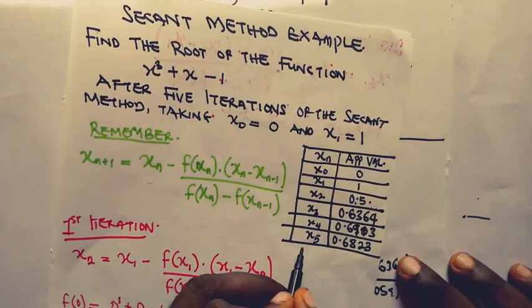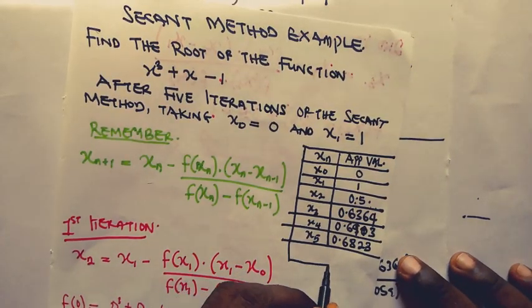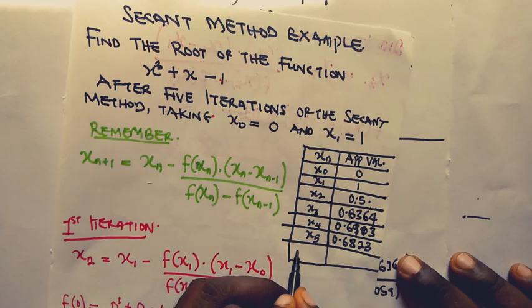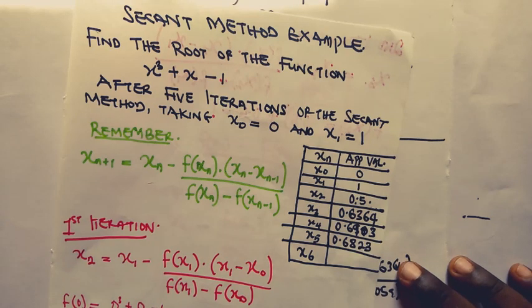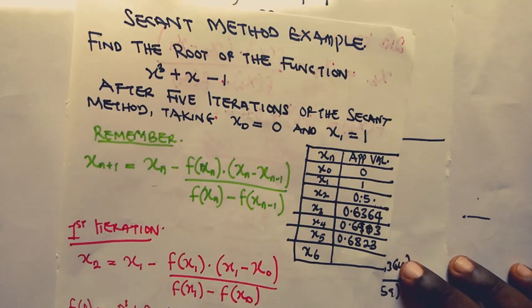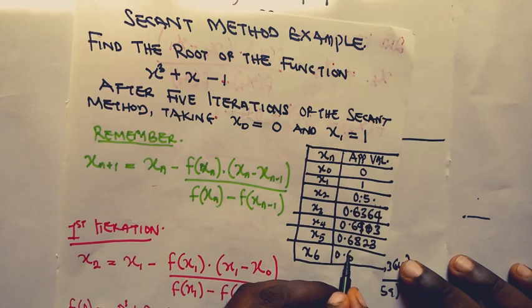Now there is one more iteration I want us to perform. That is our fifth iteration, x6. The value of that sixth iteration, x6, is actually 0.6823.